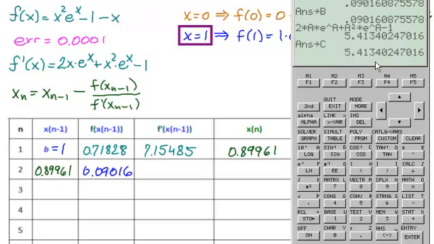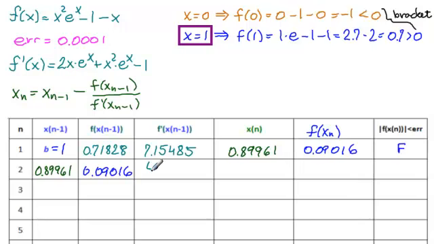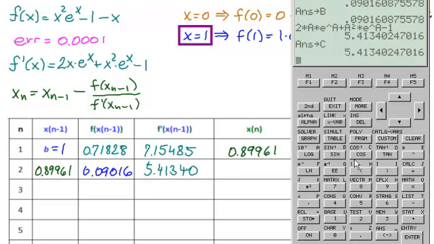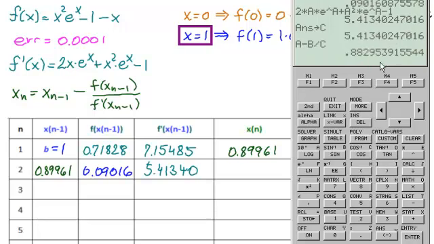5.41340. And now we need xn. Xn is alpha A minus alpha B divided by alpha C. 0.88295.